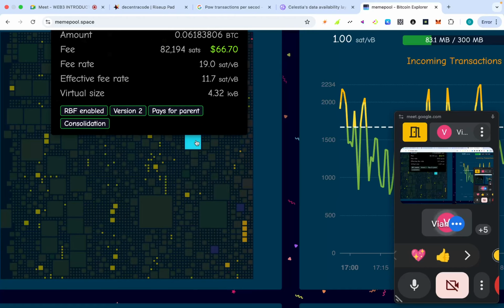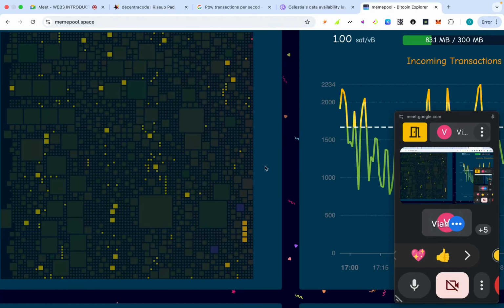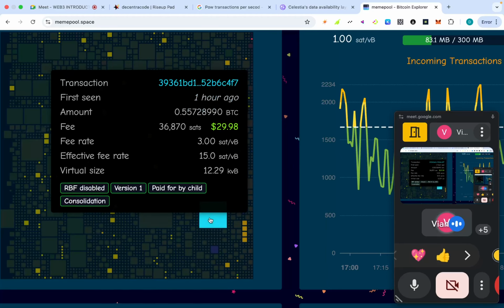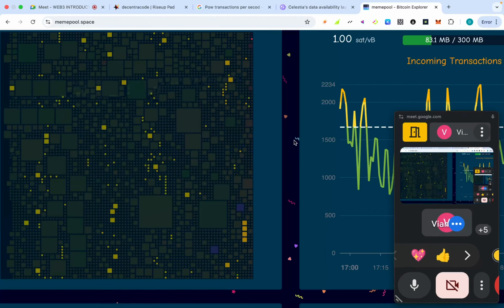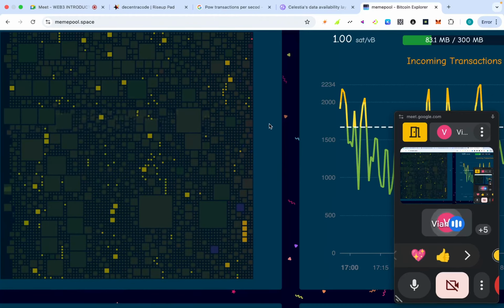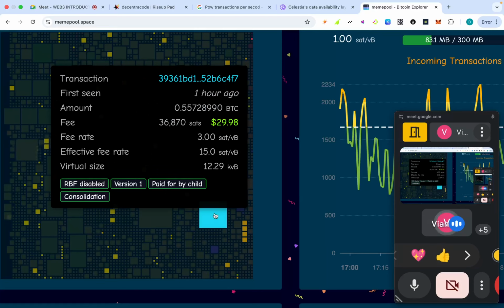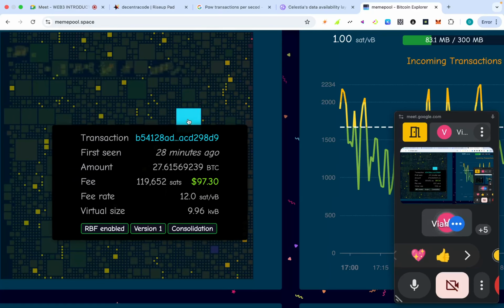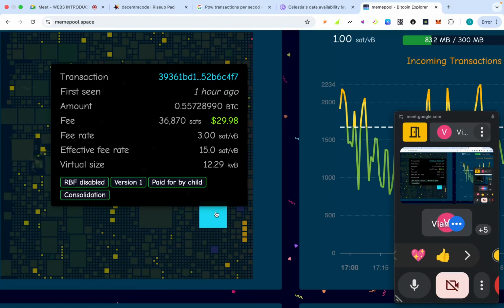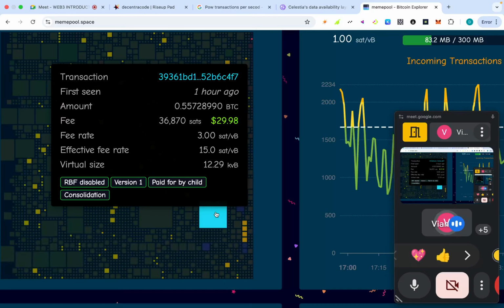Let's look at something else. When you look at these two, they're relatively the same size. But this one was $98 almost. Now when I look at this, you can see it is almost the same size, although it is transacting a lower amount of Bitcoin.